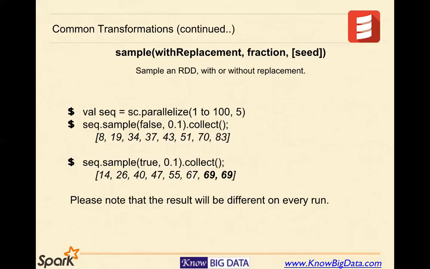You throw a dice on every record and pick something in accordance with the number. 0.5 implies 50%, so George, it's not 5, it's 0.5 for 50%. 0.1 is for 10%.